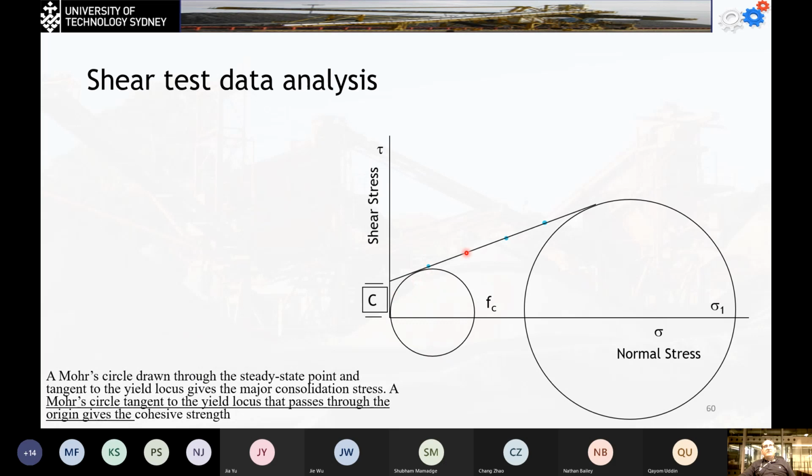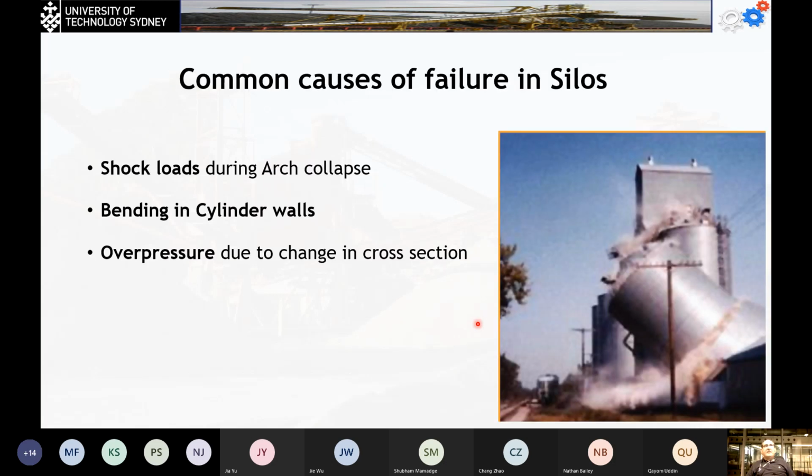For example, here we've got 4 tests, and we sketch this line. This value is going to be the C value, and by sketching 2 more circles, we find sigma 1, and this one is sigma C, the critical stress required to move the material. Once again, I'm going to explain that in an easier way later.